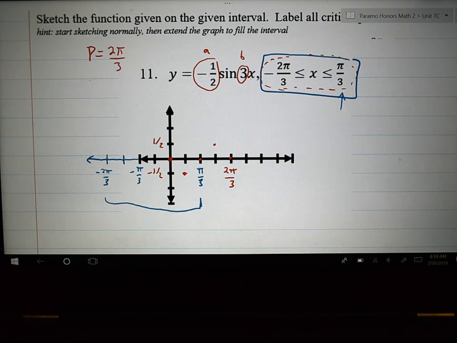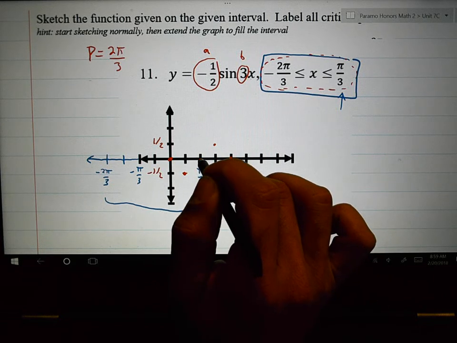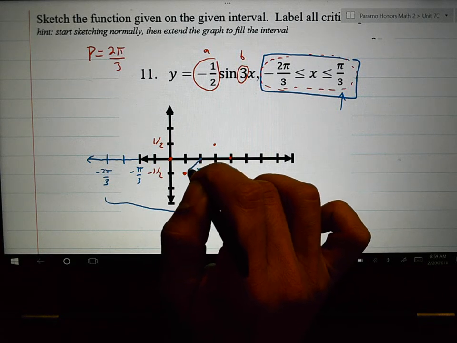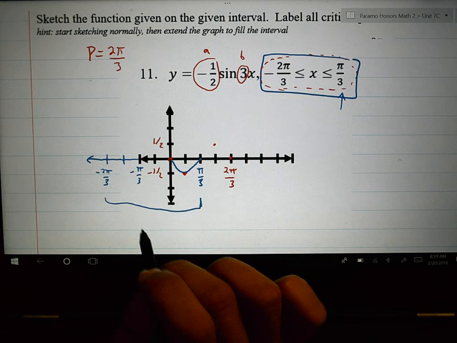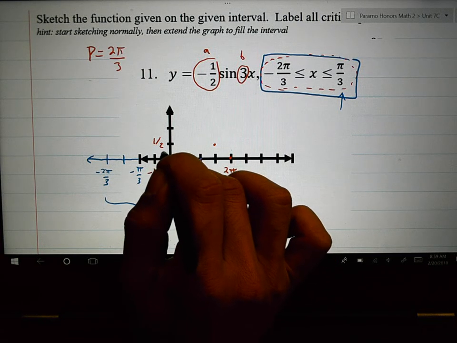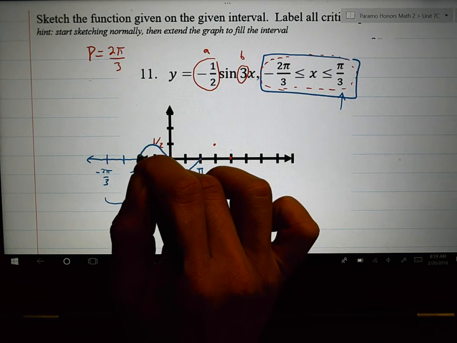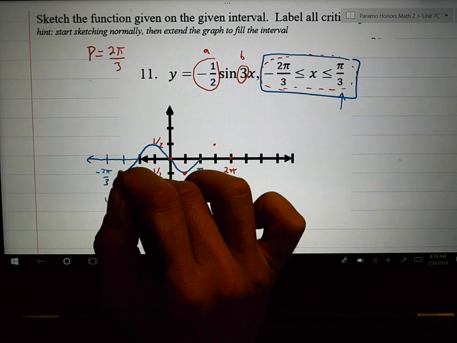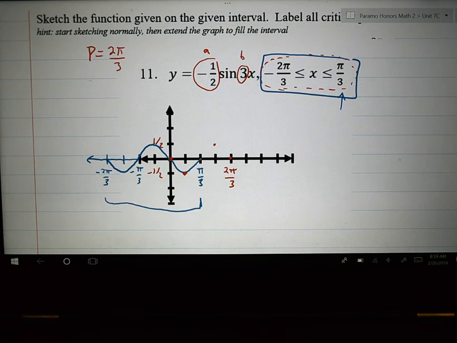And all you're going to have to do now is continue the graph. Watch. Midline, extrema, midline. What's going to happen next if I go right to left? Extrema, midline, extrema, midline. There's my answer.